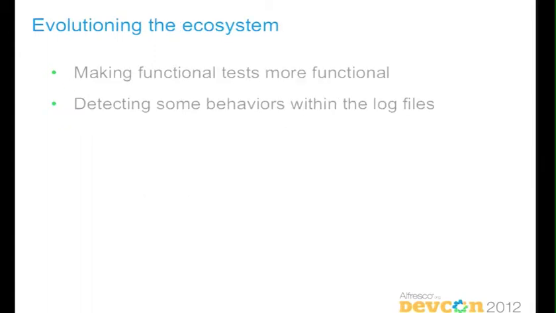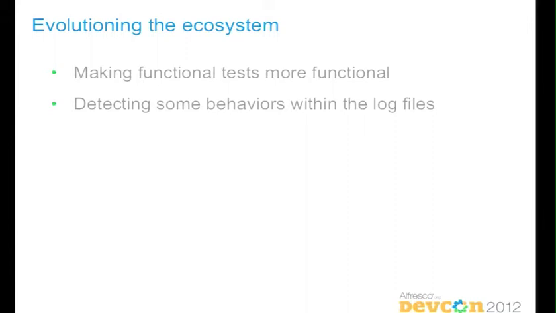As with all software, we are evolving this ecosystem. We are now investing in 2 areas that we think we need to improve. One of them is making functional tests more functional. I will explain that now.